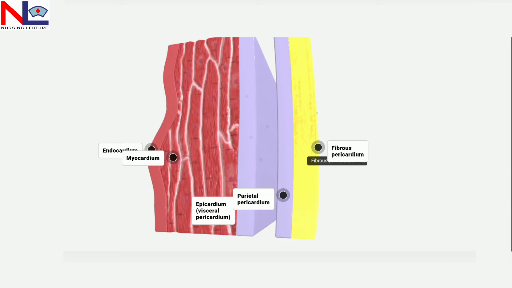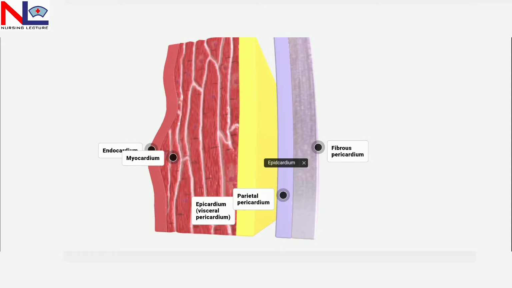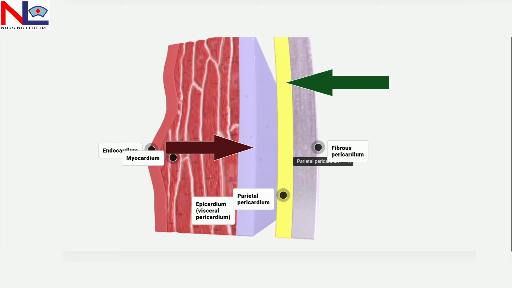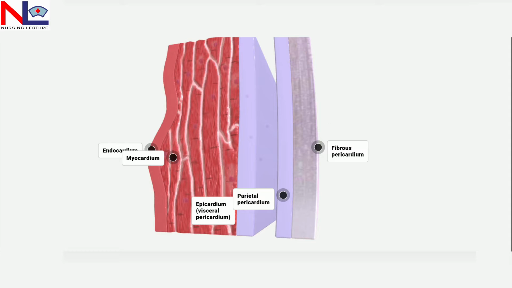Now deep to this fibrous pericardium is the serous pericardium, and in the serous pericardium there are two layers, and between the two layers there is a space that is called the pericardial space or pericardial cavity, that contains the pericardial fluid that helps in reducing the friction between the layers.